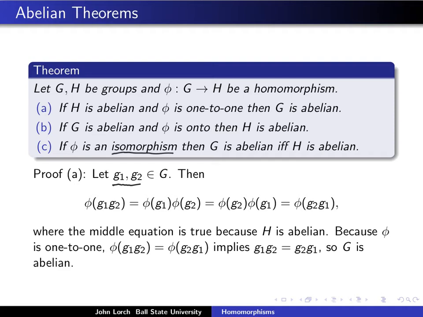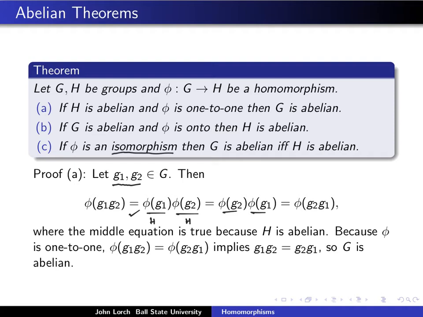That gives me, because phi preserves the operation, phi of G1 times phi of G2. But phi of G1 and phi of G2 lie within the group H. So this is an element of H, this is an element of H. And because H is abelian, we know that we can reverse the order without affecting equality.